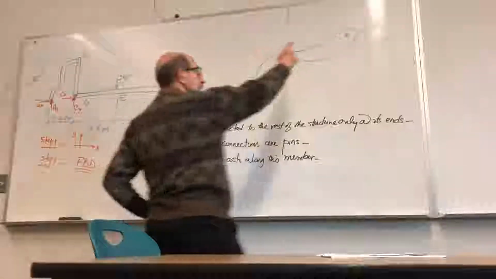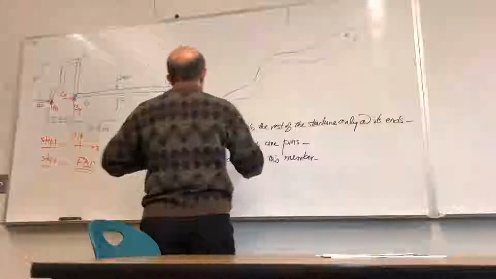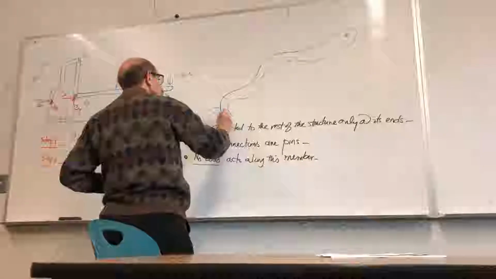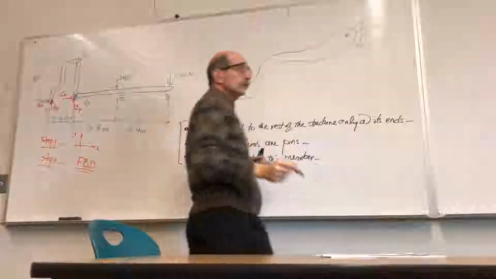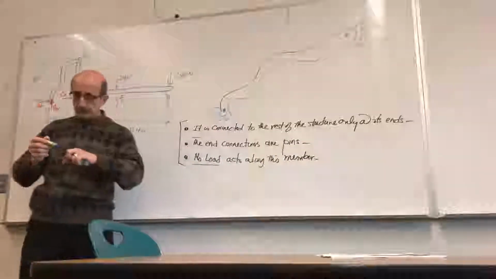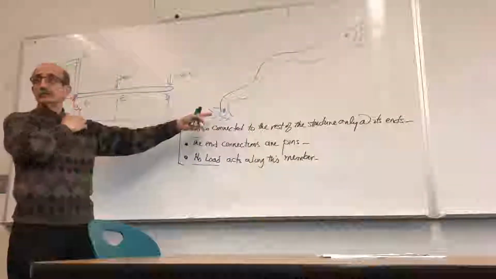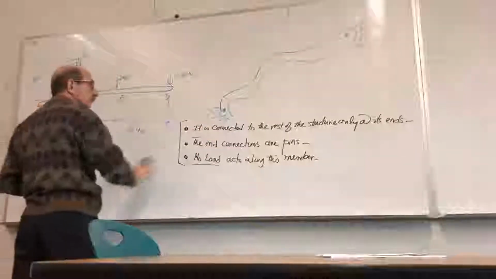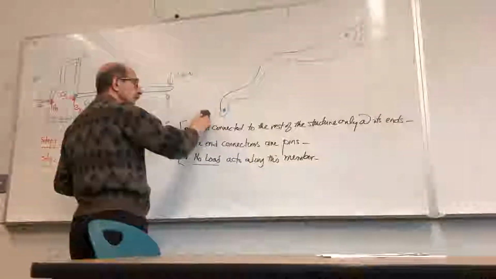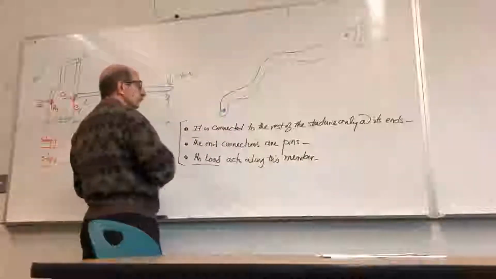This is pinned, this is pinned. In other words, if this structure was connected to the rest like this, let's look at its free body diagram. This means how many unknowns? I would remove it, and it represents 2 unknowns.